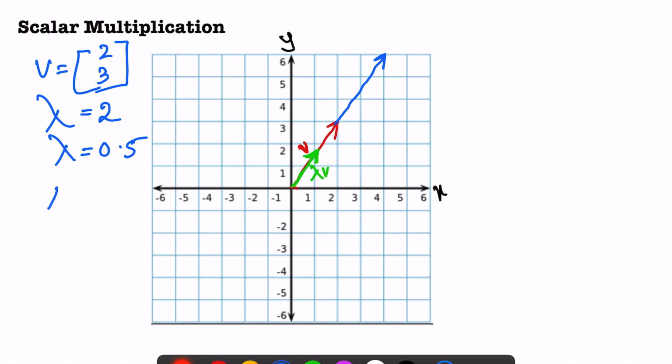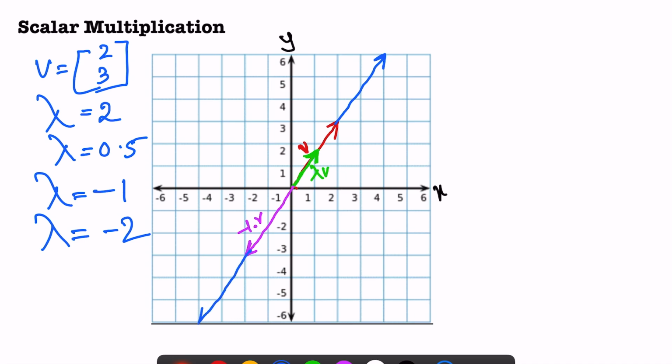Now consider if lambda is -1, in that case the vector will be flipped, right? So this is -1v. If lambda is, let's say, -2, in that case the vector will be flipped first, then stretched, right?